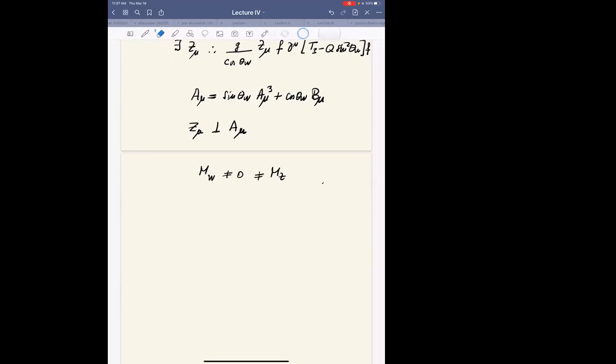Let me write maybe more. M W and M Z, when I say around 100, I mean the order of magnitude, in order to explain why weak interactions are weak at low energies. We talked about it yesterday. This, of course, implies that the symmetry is broken.